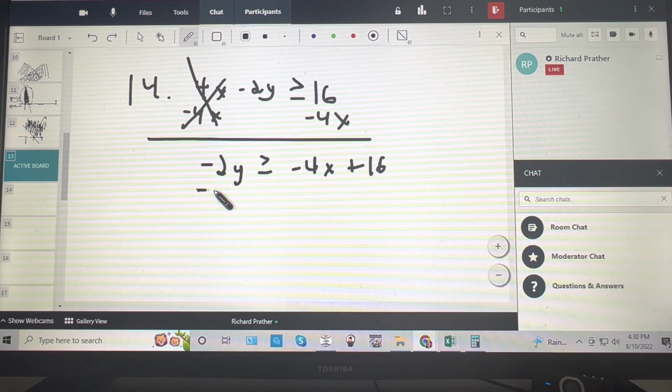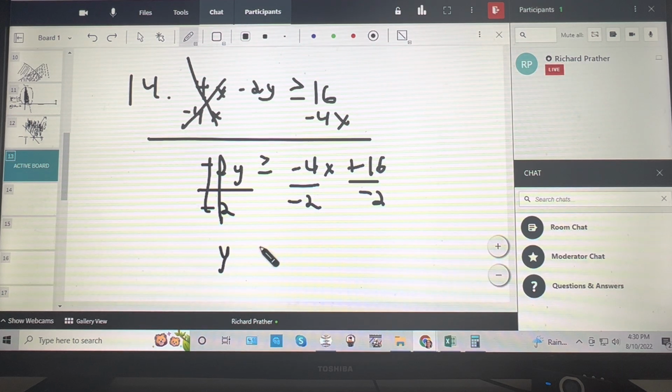Here it comes. I'm dividing by negative 2, dividing by a negative. So I got the y by itself, but because I divided by a negative, this flips the greater than or equal to to less than or equal to. And this would be positive 2x minus 8.